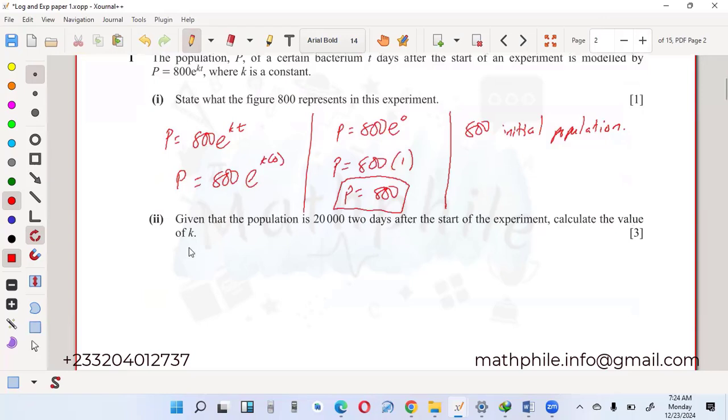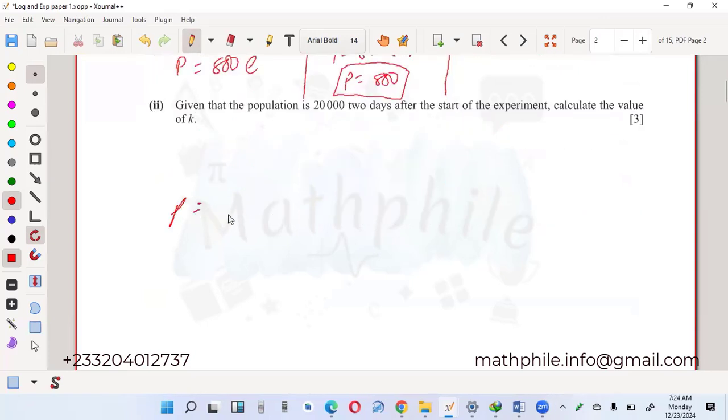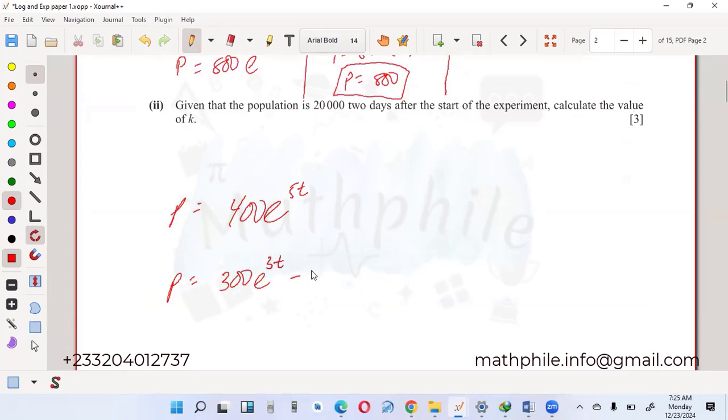So maybe one day if you come across, let's say the population is given by 400 e raised to the power 5t. What's the initial population? 400. So P is equal to 300 e raised to the power 3t minus 10.